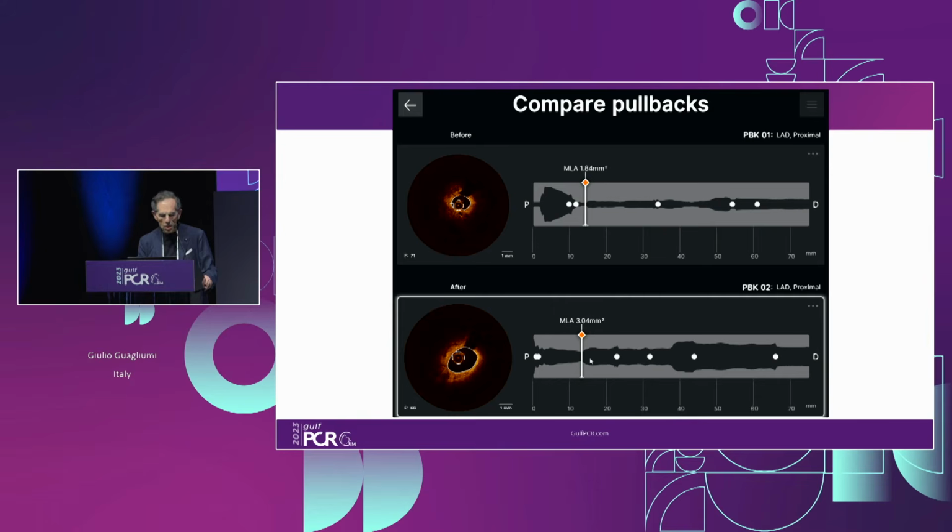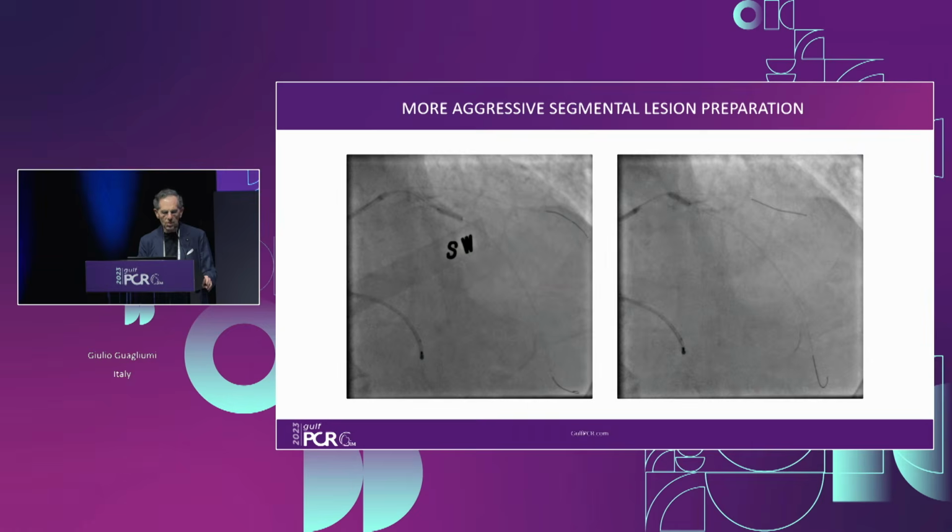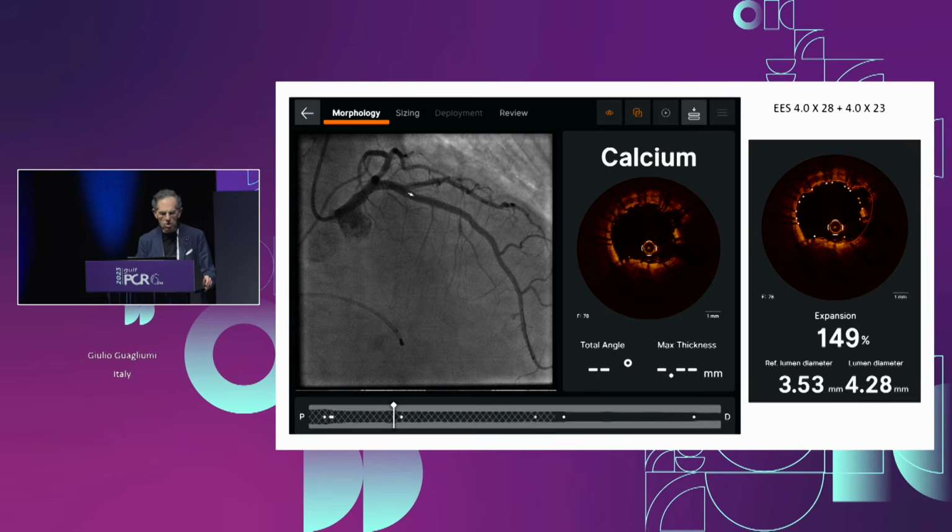And when you prepare the lesion, after the preparation, you can compare the two and see how much you gain in terms of lumen, and if there is also some point that is still underexpanded in terms of lesion preparation. In this case, you are coming back with your angio co-registration, and you are going to be more aggressive selecting different tools. Like in this case, Shockwave.